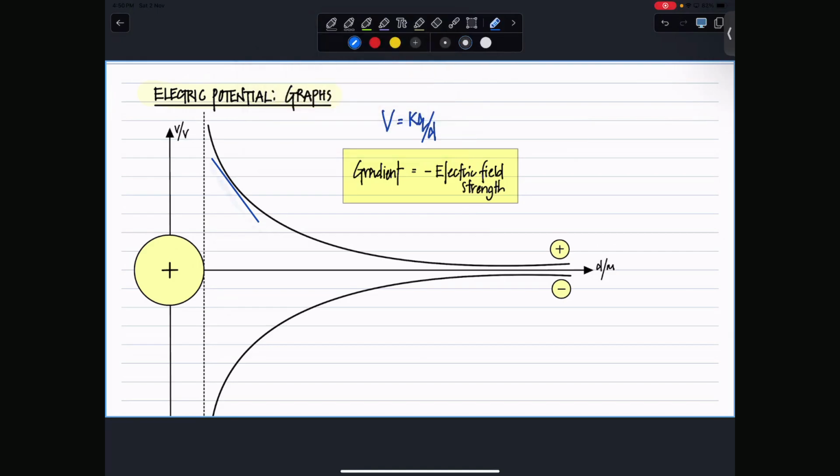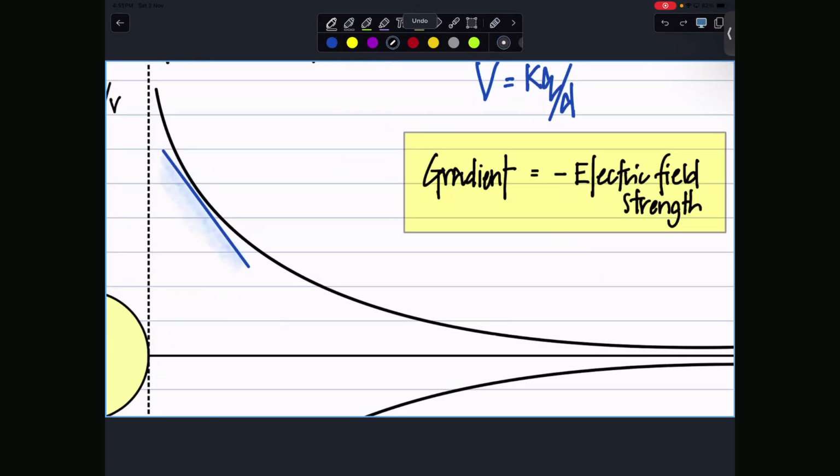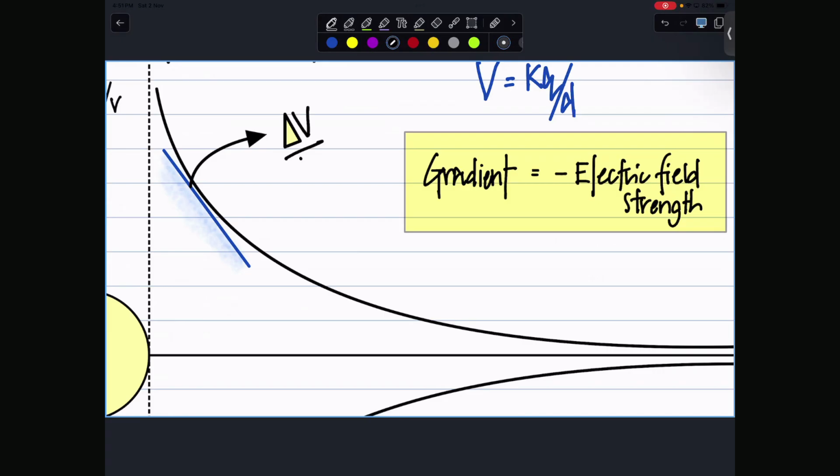So if you find a gradient here, you will find that it provides you electric field strength. Not just electric field strength, negative version of it, okay? So this is del V by del D, and that's going to be minus E.